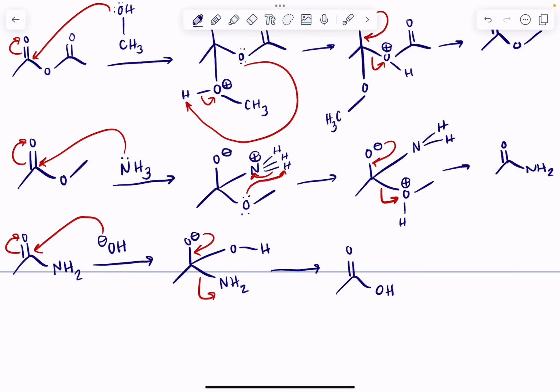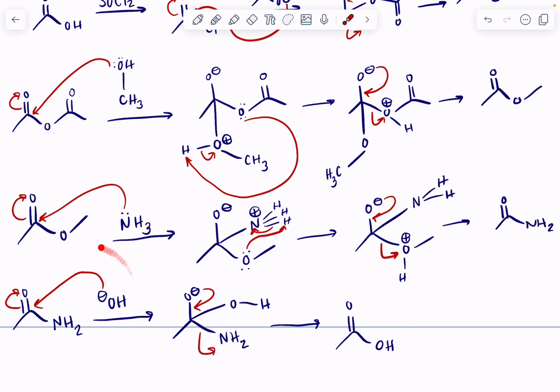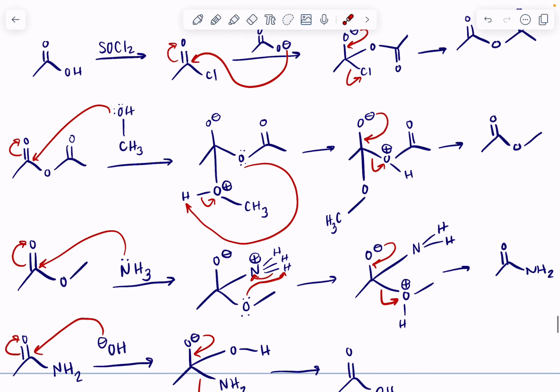And remember that you can do other things with these individual species, like you could reduce the amide to an amine instead of going to a carboxylic acid. You could take the anhydride and turn it into, you could go straight from an anhydride to an amide, or you could go straight from an anhydride to a carboxylic acid, or to an alcohol or a carboxylic acid. And they all use very similar steps.